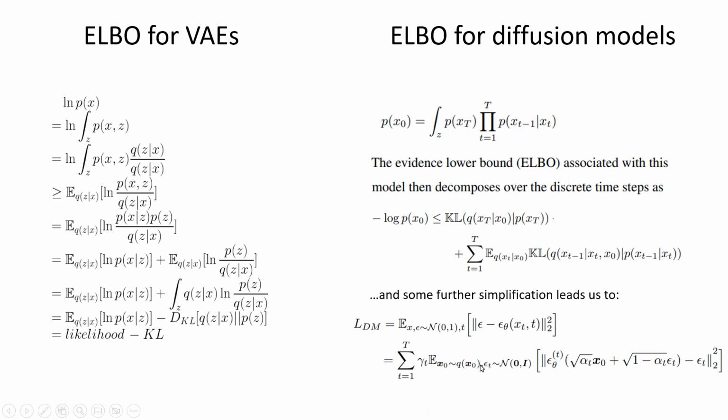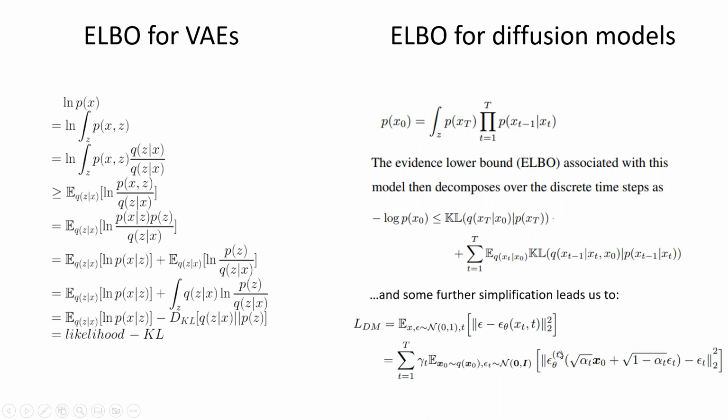Okay, so this last line is our denoising diffusion objective. Basically what we're doing is taking x naught and converting it into x_t by multiplying it by the square root of alpha sub t and adding this noise term. And then our model tries to provide us with the noise that will denoise x_t into x_{t-1}.